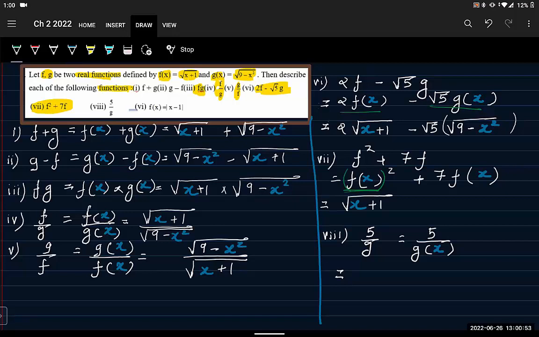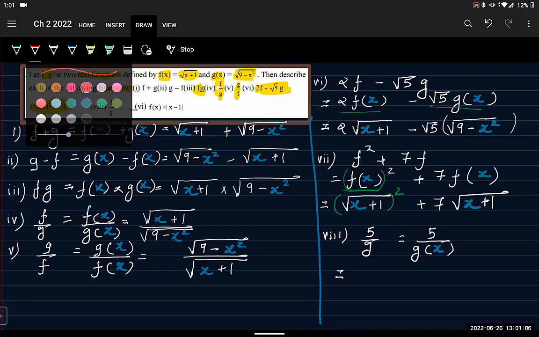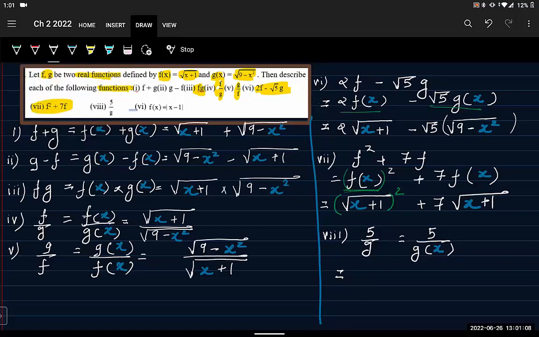Then we'll do square of that, so root and square get nullified, plus 7 times f of x, which is under root of x plus 1. So finally the value comes out to be just x plus 1, which will be my first term, plus 7 times under root x plus 1 as it is. We cannot further simplify, so we'll keep it as it is.